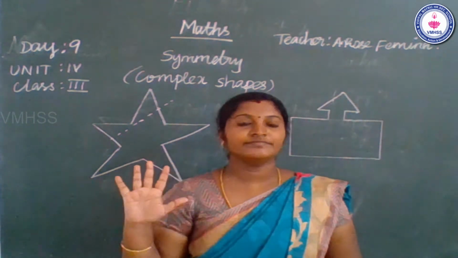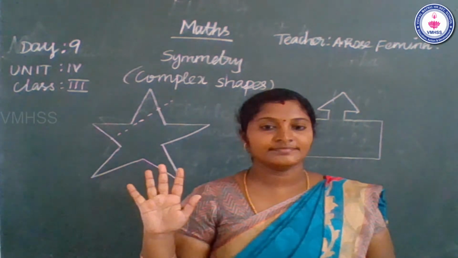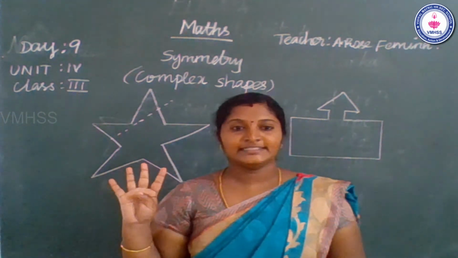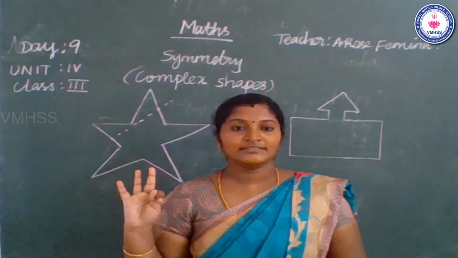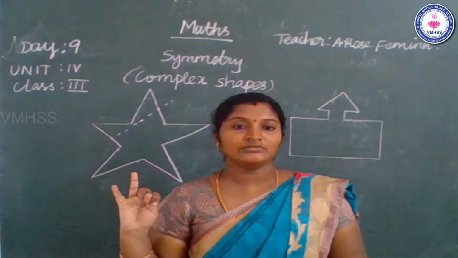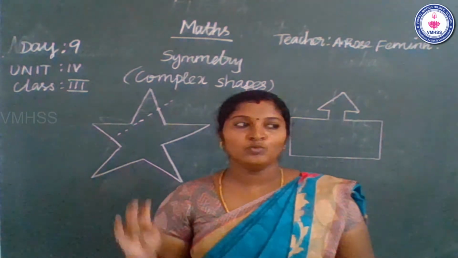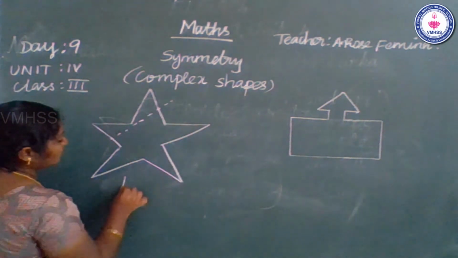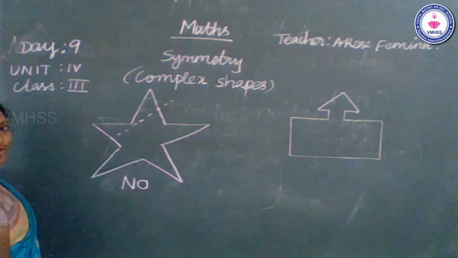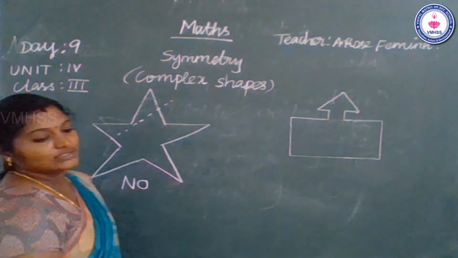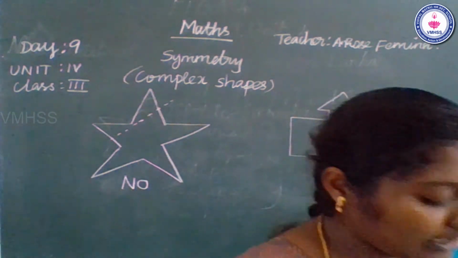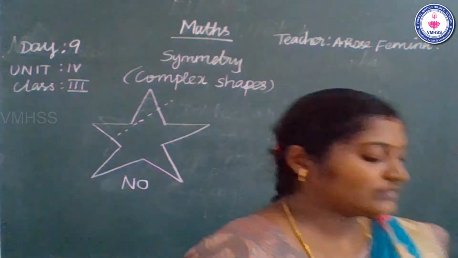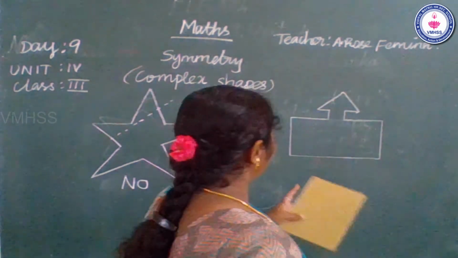Okay, 5, 4, 3, 2, and 1. So this is the wrong answer. Okay, so you write no. Okay, ma? So the fourth one is a line of symmetry.